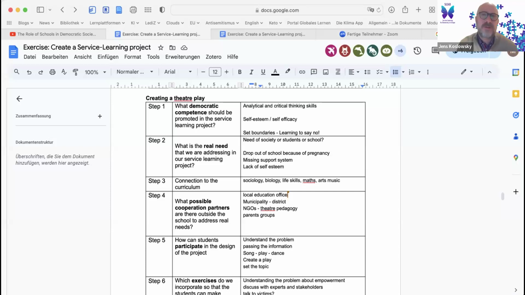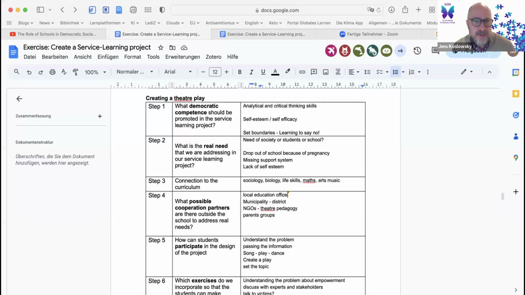I don't necessarily want to say sexual abuse, but they need to strengthen their self-esteem and have more self-empowerment when it comes to their own body, and not be so easily manipulated, because in some of the countries present, that was perceived as a real problem at the moment. So that was the ground idea.